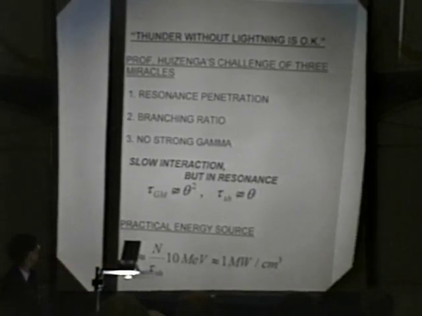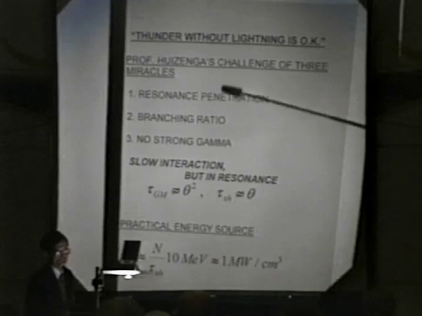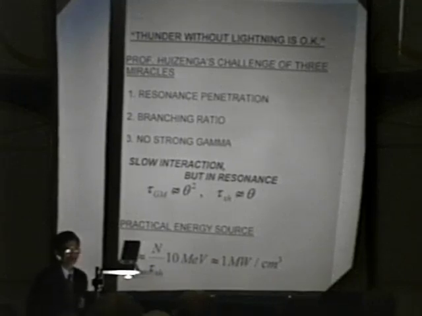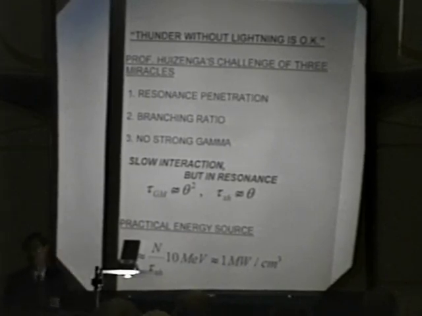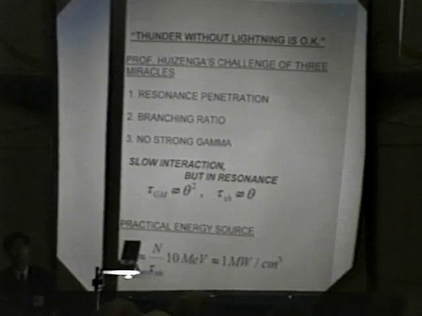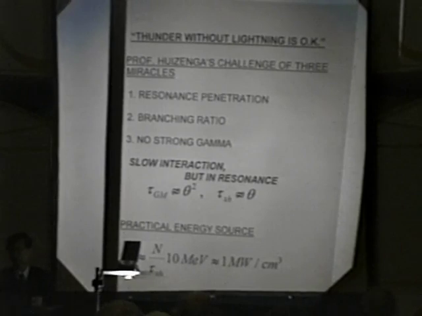The conclusion is thunder without lightning is okay. I have two meanings. The first, we try to answer Professor Huizenga's famous challenge of three miracles. The first, because of resonance, we can penetrate the Coulomb barrier, and this resonance cannot be seen by the beam-target experiment.